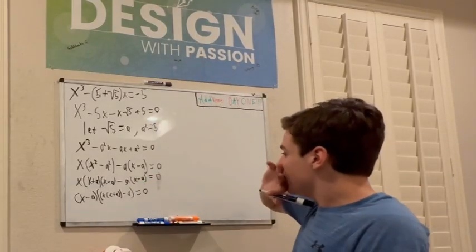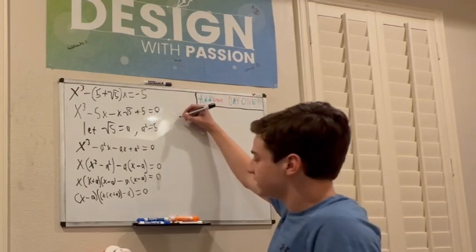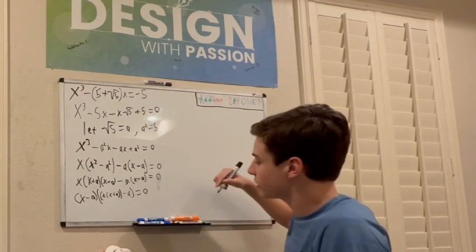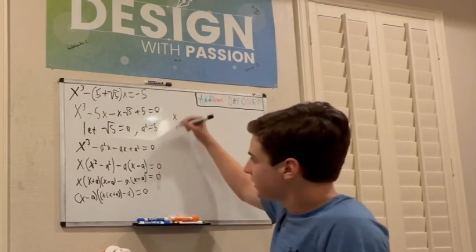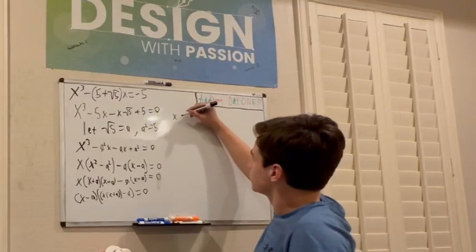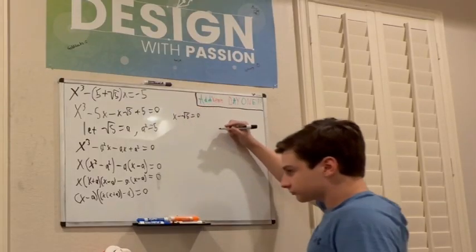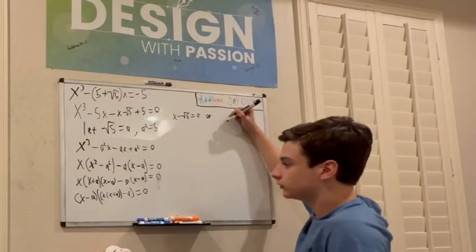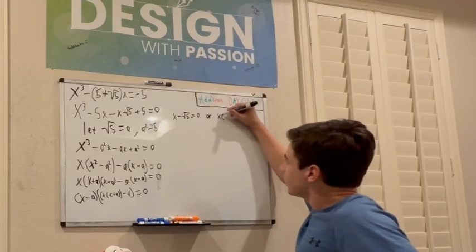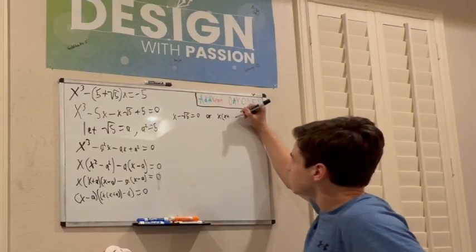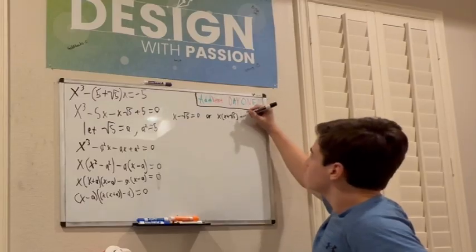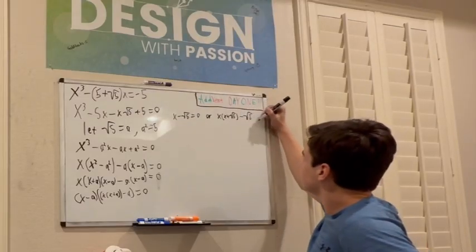Now, we can split this into 2 separate cases, because we can use the zero product property, and we get that x minus a, which, keep in mind, is just square root of 5, equals 0, or x times x plus a, which is the square root of 5, minus the square root of 5, equals 0.